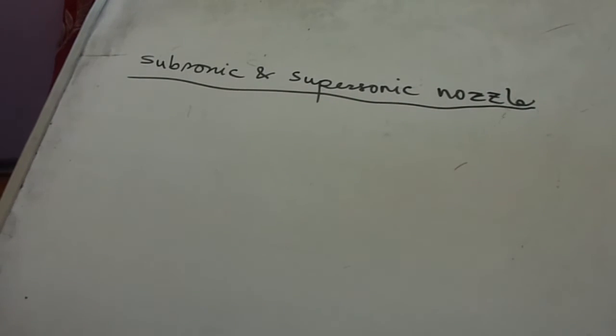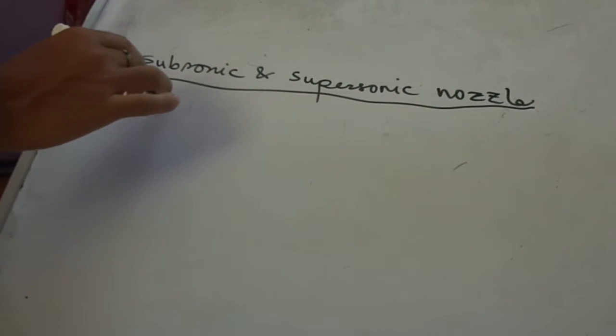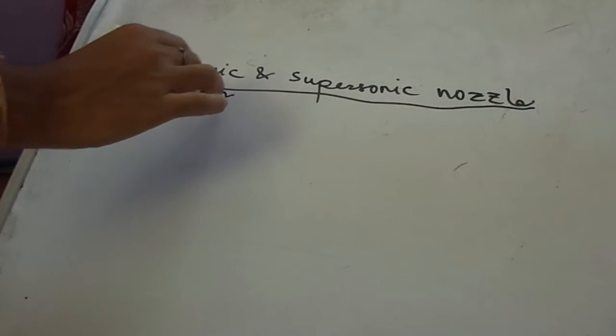For isentropic flow through a nozzle, you may write H0 is equal to H plus V square by 2.